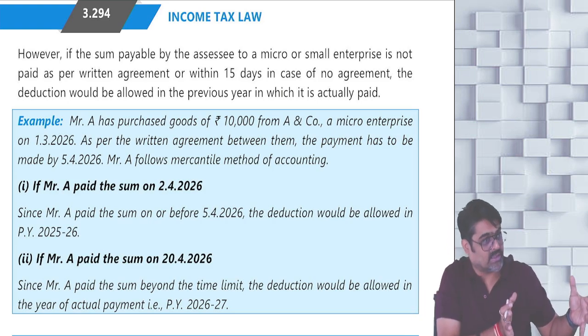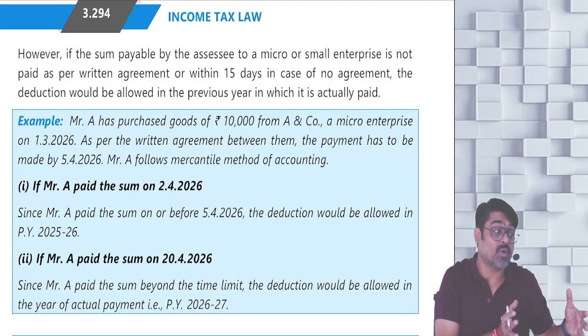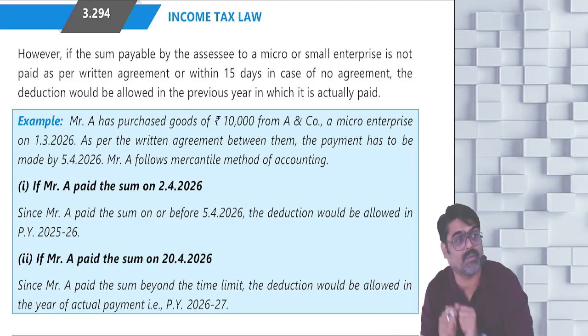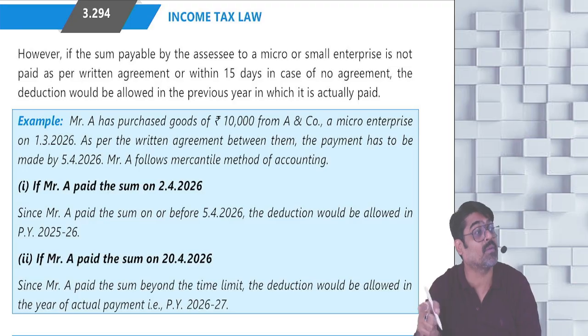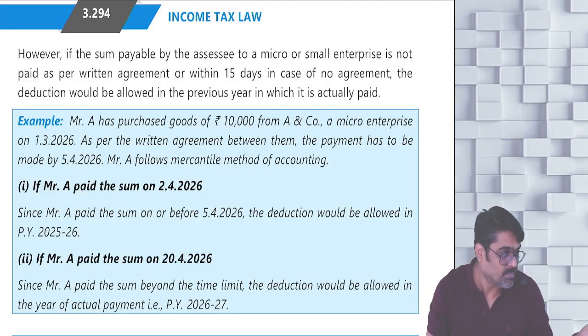In this year, 10,000 is still payable. Will it be allowed on mercantile basis? No. Because you have not made the payment on or before the MSME due date. You should have made the payment on or before 5th of April. Then we could have given the deduction in the previous year 2025-26 only.